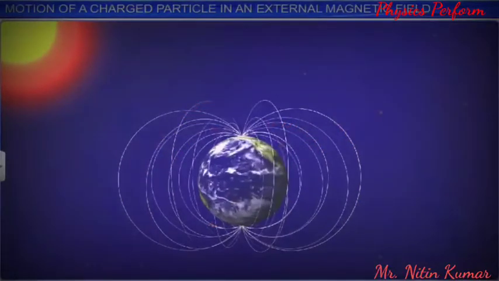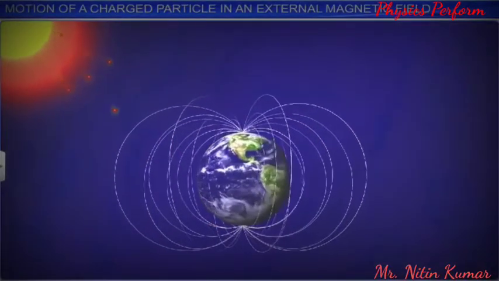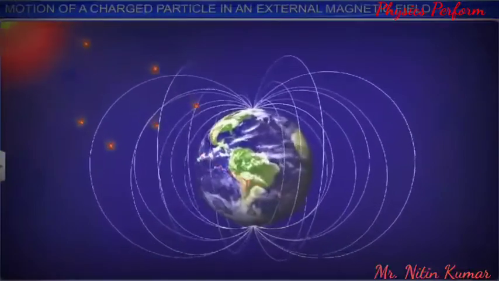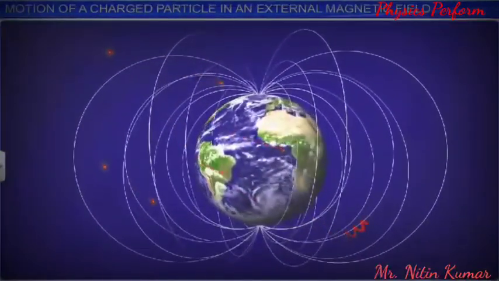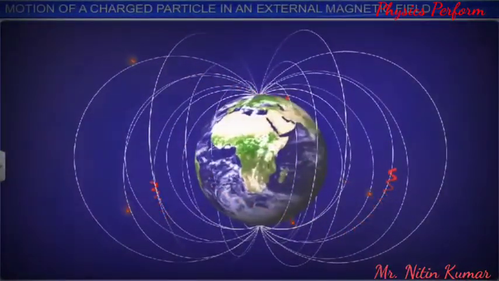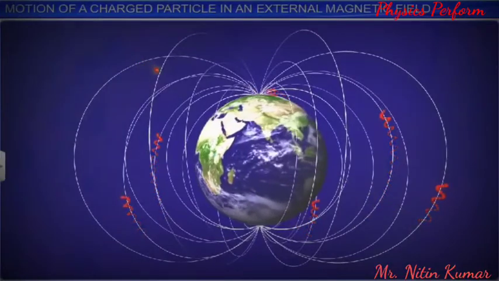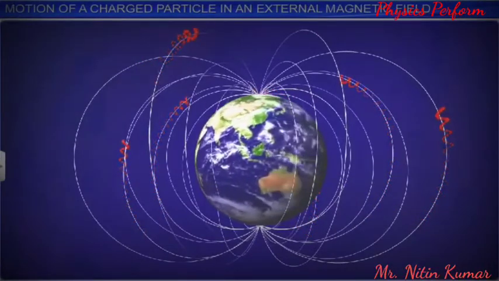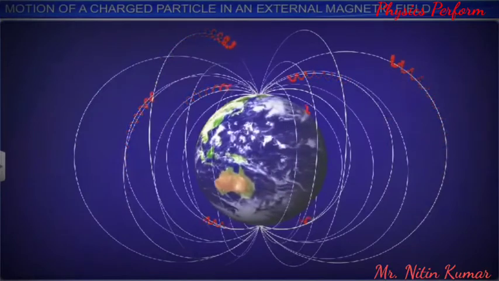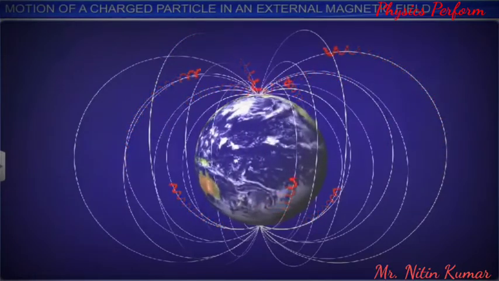But near the Earth's magnetic poles, these lines of force come closer to each other. The density of magnetic lines of force increases, and the density of charges moving in the helical paths along the magnetic field lines also increases.